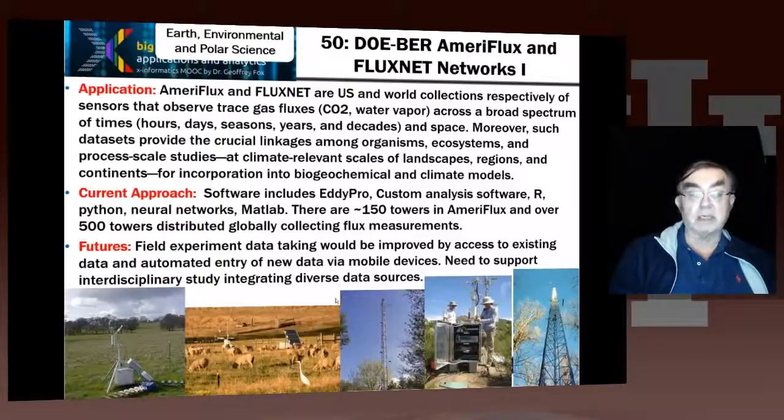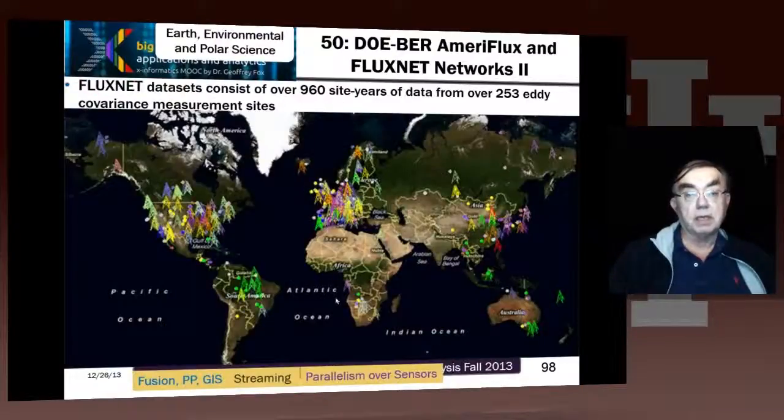Those sensor data need to be gathered, sent back to some cloud infrastructure and analyzed, and then whether we're discovering again communities or about the health of the environment, that's going to come from the integration of this data from lots of sensors in the cloud. Here is a map of the FluxNet networks, which I gather has 960 site years of data from 253 measurement sites.